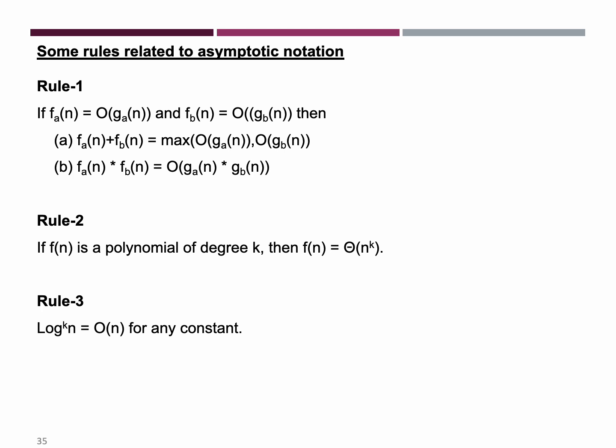The theta notation here indicates a tight bound, meaning the function grows asymptotically at the same rate as n to the power k. Then the third one is the logarithmic function.